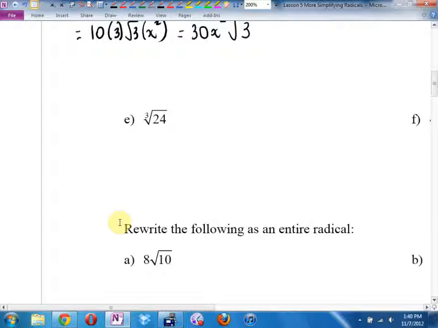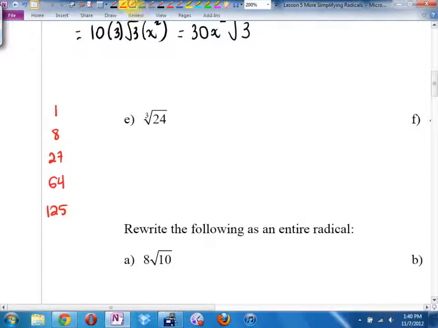Let's jot them off in the margin here. What's 1 times 1 times 1? What's 2 times 2 times 2? What's 3 times 3 times 3? 4 times 4 times 4? And 5 times 5 times 5? Those ones you kind of want.